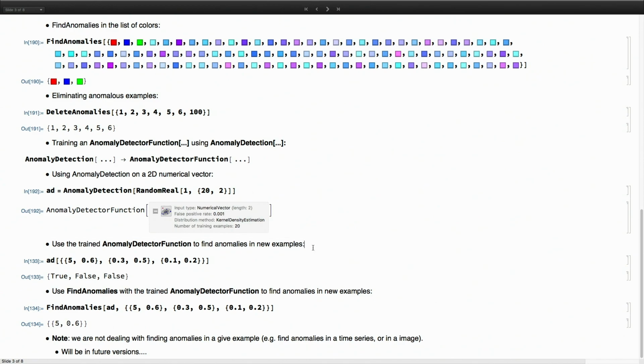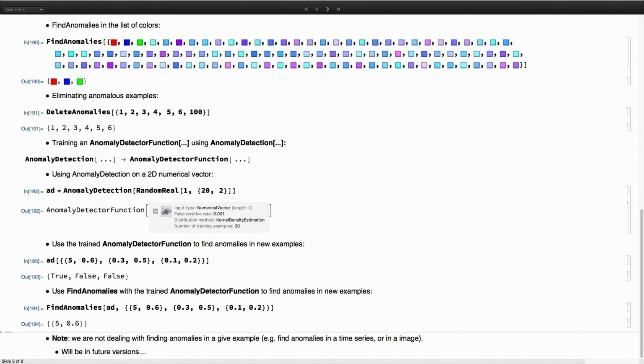Then you can use this new detector function to find anomalies on new examples, and it returns a Boolean list indicating which examples are anomalies, true, or non-anomalies, false. You can also use an anomaly detector function as the first argument in FindAnomalies, and as a second argument, you can give it a list of new examples that you want to detect anomalies in.